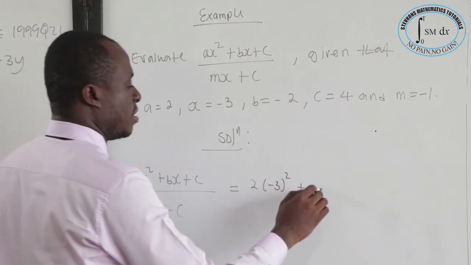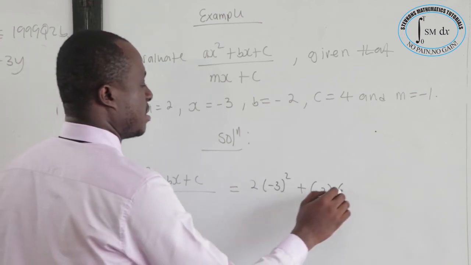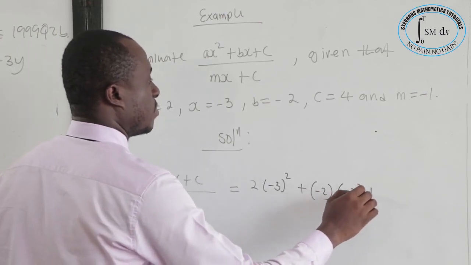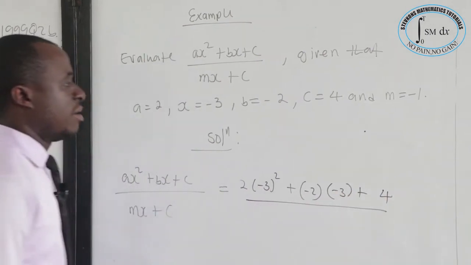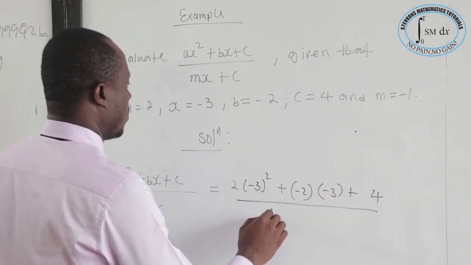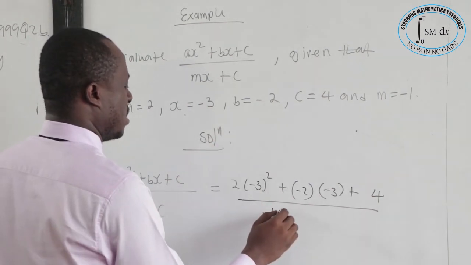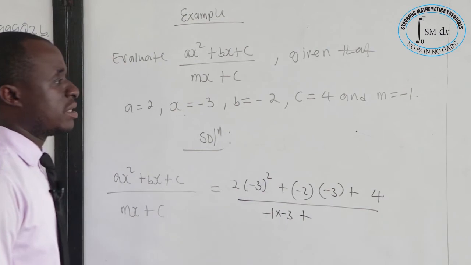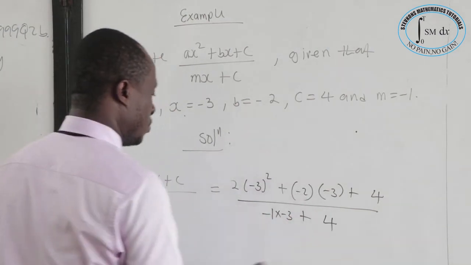What is our b? Negative 2. What is our x? Our x is negative 3. Plus c. What is our c? 4. All over mx. What is our m? Negative 1. What is our x? Our x is negative 3. Plus c. Our c is 4.